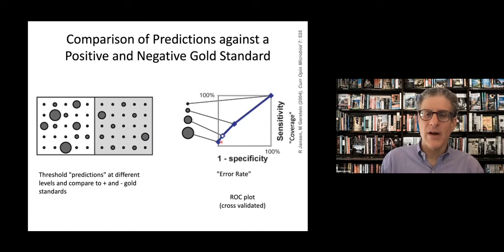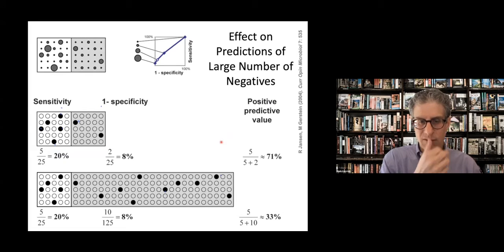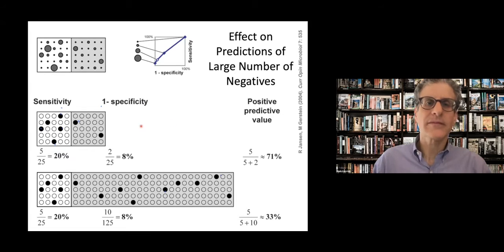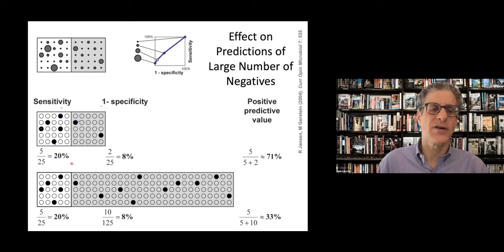But now we can think of a situation like, what would happen if the data set became very unbalanced? So let's use a specific example on this ROC curve here. Let's say that we're thresholding at a particular value, and we find that we can get all 5 of these black points here, which are true positives, out of 25.